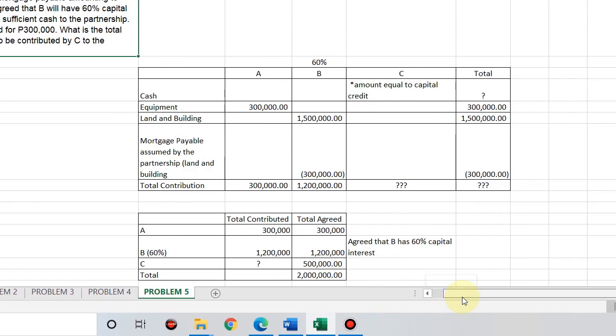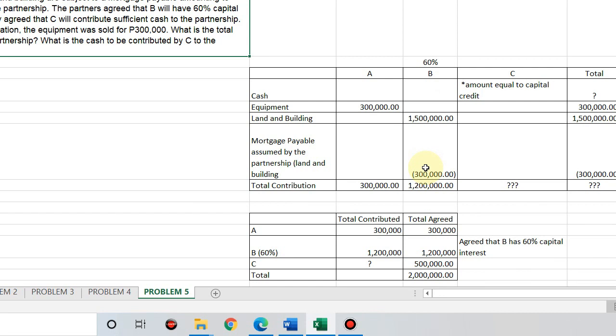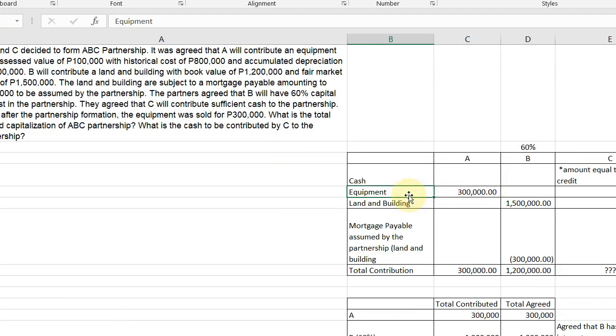Gusto natin muna malaman magkano ba ang kino-contribute nilang tatlo. Okay. First, si A. Si A, sabi, ang kinontribute daw niya is equipment. We all know that ang given is assessed value and historical cost. Ba't hindi assessed value ang binigay? Kasi hindi naman siya fair value. Kailan pa nalaman yung fair value? Nung pinagbenta yung equipment.